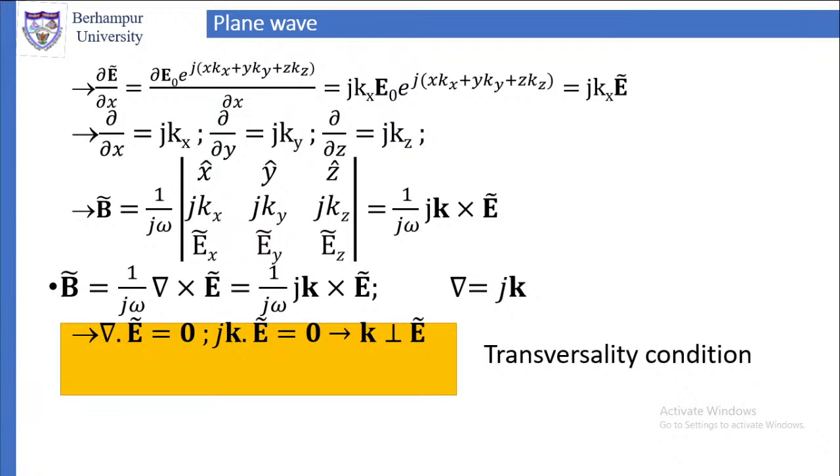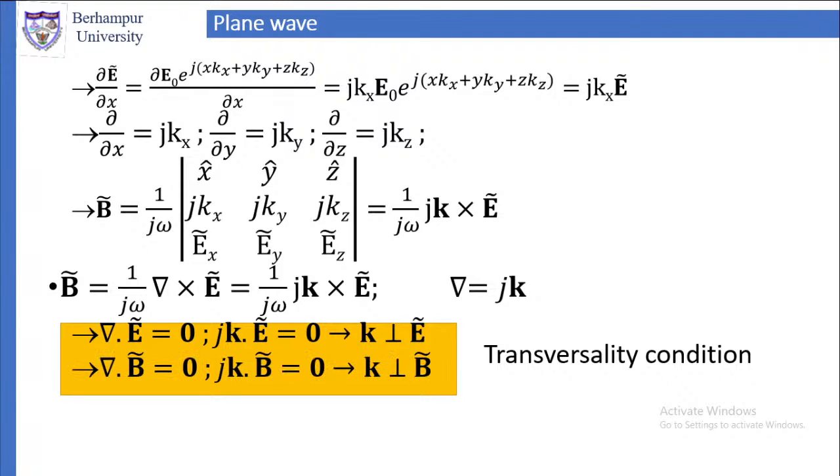Therefore, k dot E tilde is equal to 0. k is a vector, E tilde is a vector. Two vectors, their dot product we are taking, and their dot product is giving us 0, which means these two vectors are perpendicular to each other. So, vector k is perpendicular to vector E tilde. This in technical terms is called that k and E are orthogonal to each other. So k is perpendicular to E tilde or k is orthogonal to E tilde.